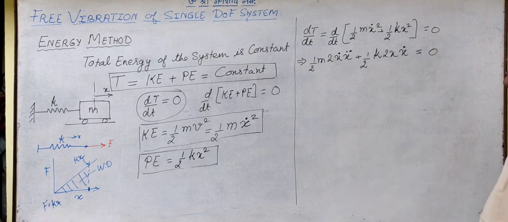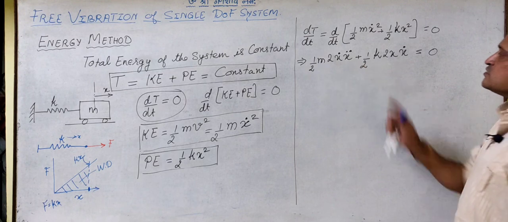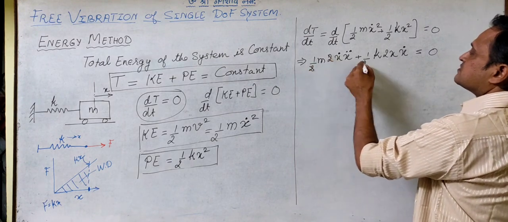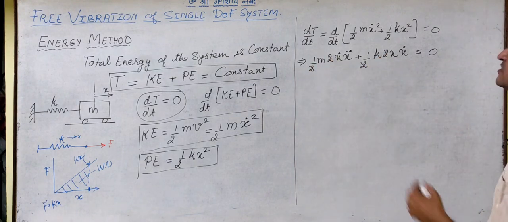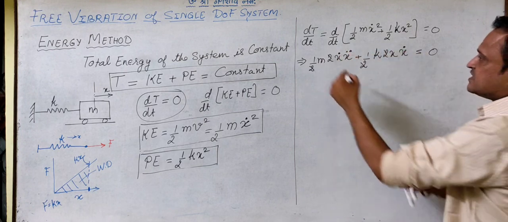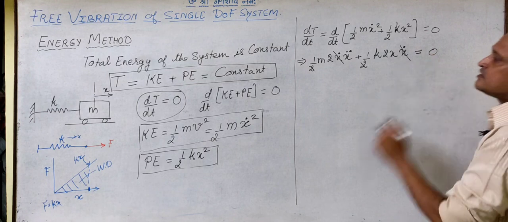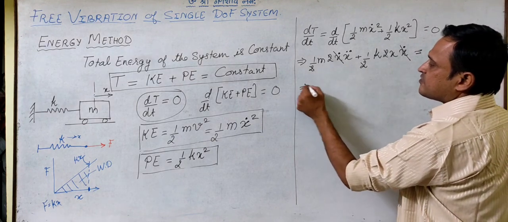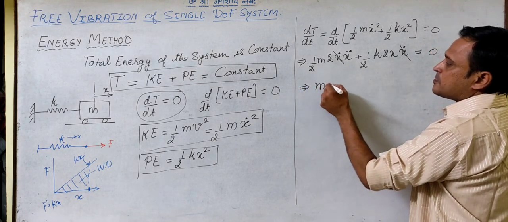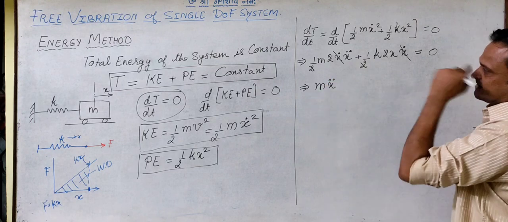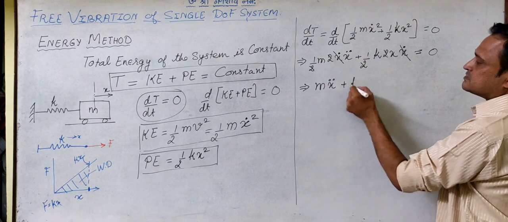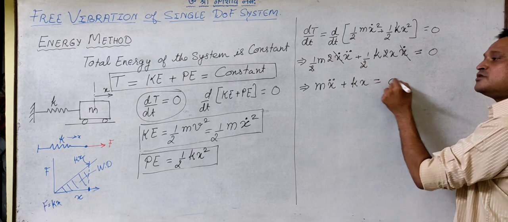So this will be equal to 0. In this equation we see x dot can be cancelled out, right? So I can say m x double dot plus kx is equal to 0.